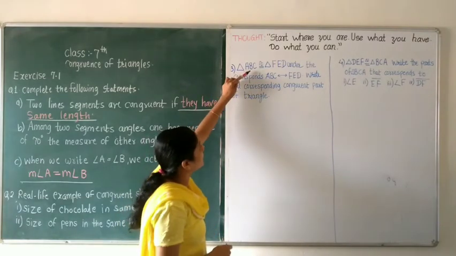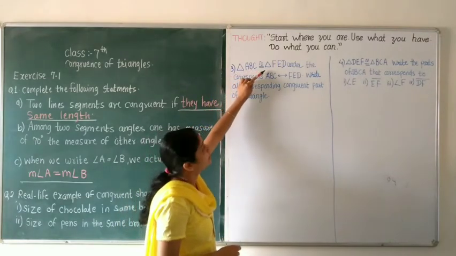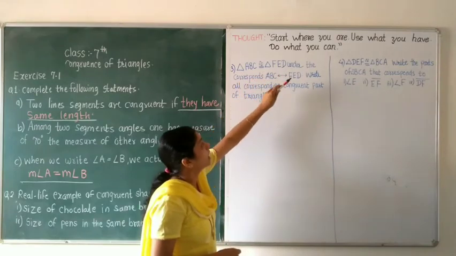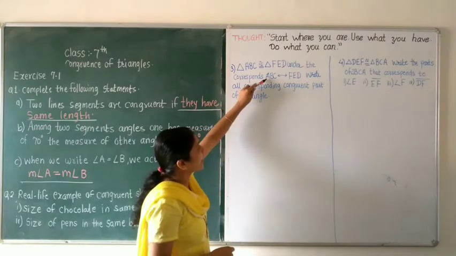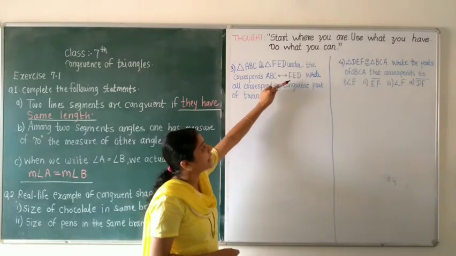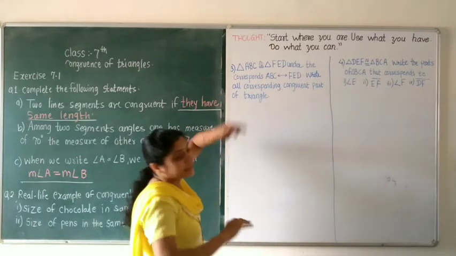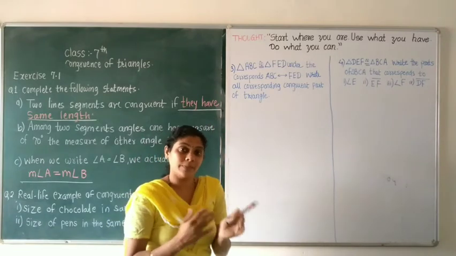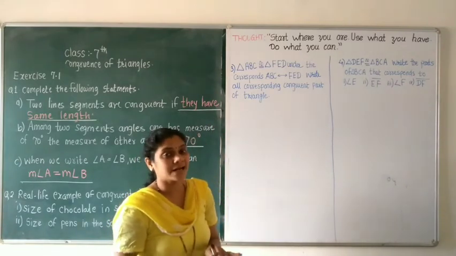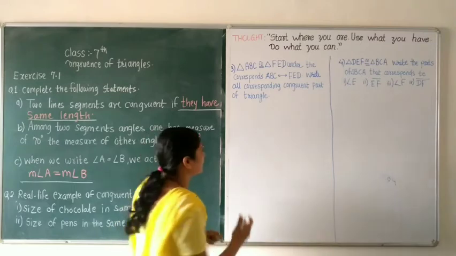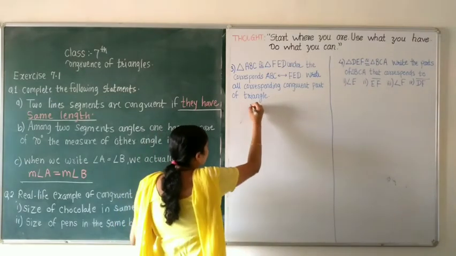Triangle ABC congruent to triangle FED, under the correspondence ABC corresponds to FED. To express this statement in a mathematical way, in the way of a diagram, we will draw two triangles.